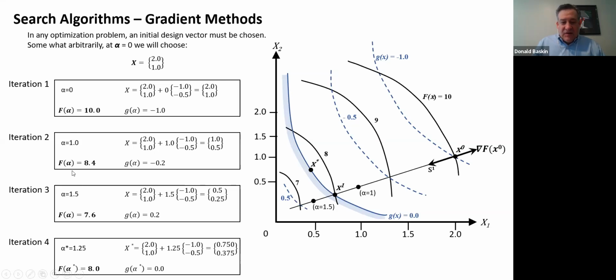It didn't go down quite as far as it had in iteration 3, but iteration 3 wasn't valid because we blew past the constraint. So this is the minimum, and we put a little asterisk here to indicate that. So alpha of 1.25 in the search direction of -1, -0.5, that's where you find the minimum of this function, and that's the solution to this problem.